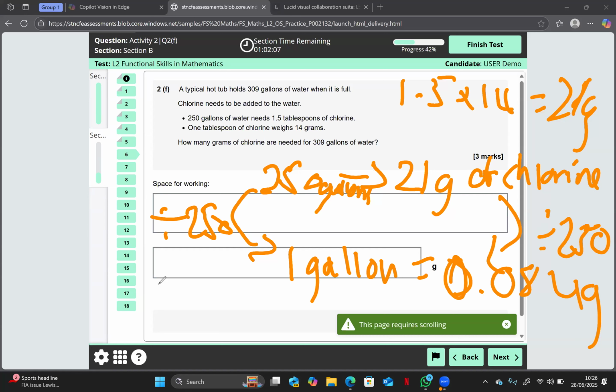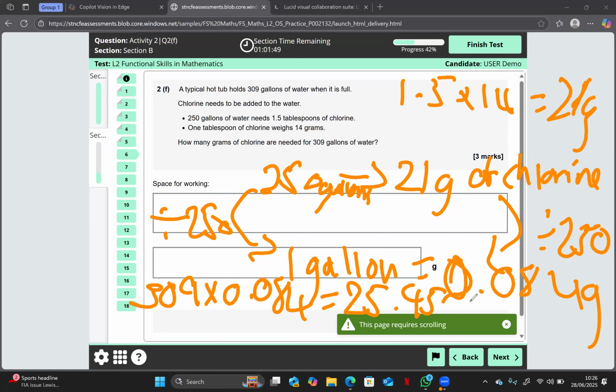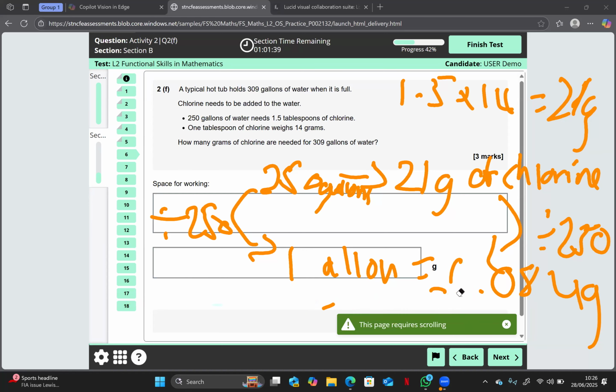So if we multiply 309 times 0.084, we get 25.956 grams. So the answer would be 25.956 grams of chlorine in 309 gallons.